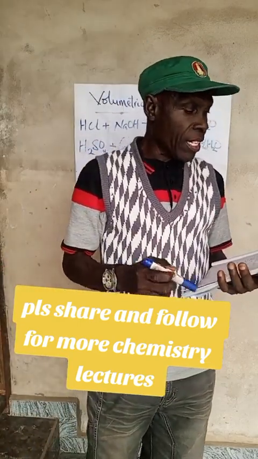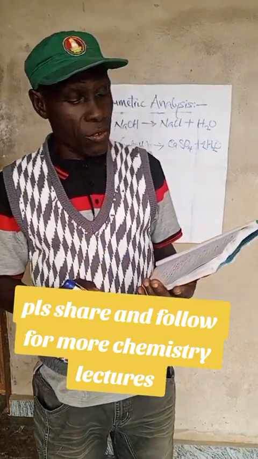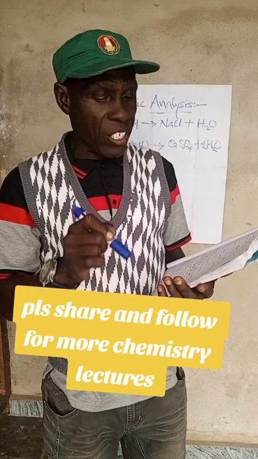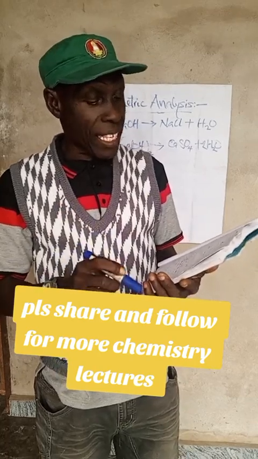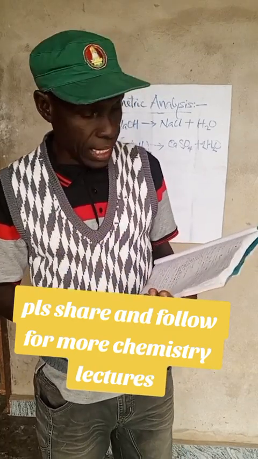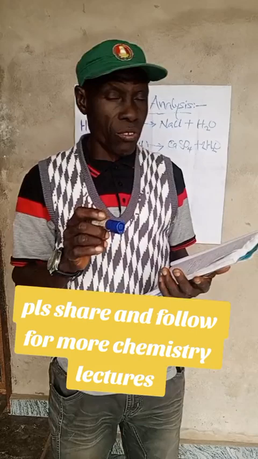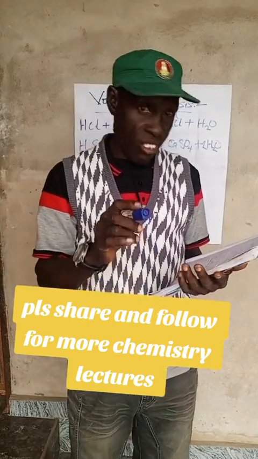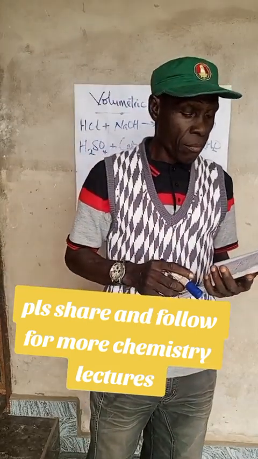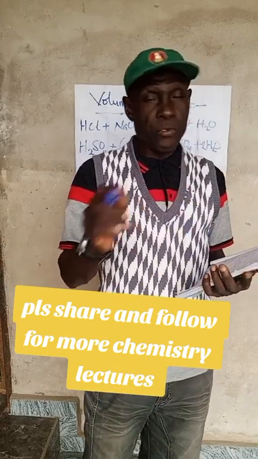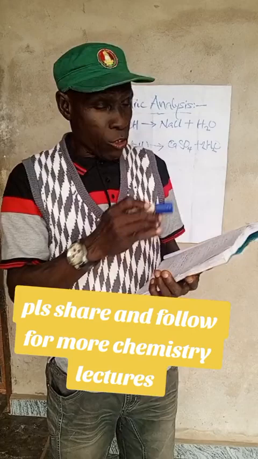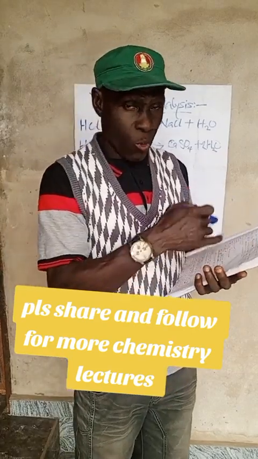An acid-base reaction is also called a neutralization reaction, and it's a practical experience that requires the use of certain apparatus and bench reagents. Let's talk about the apparatus that is required.